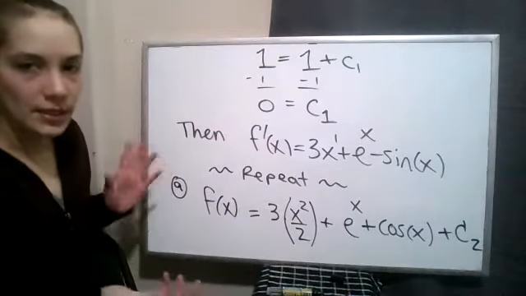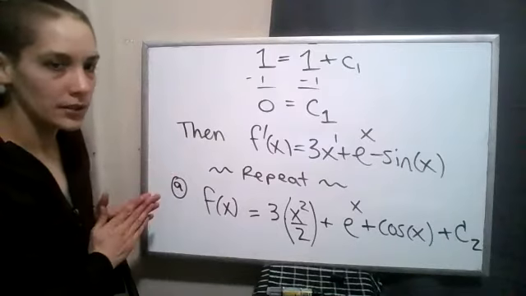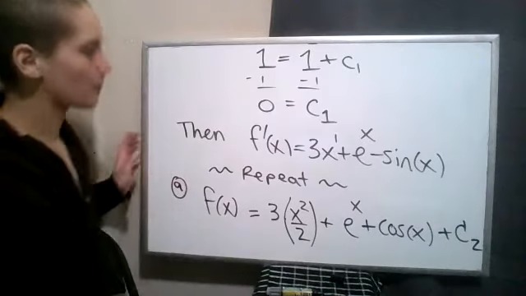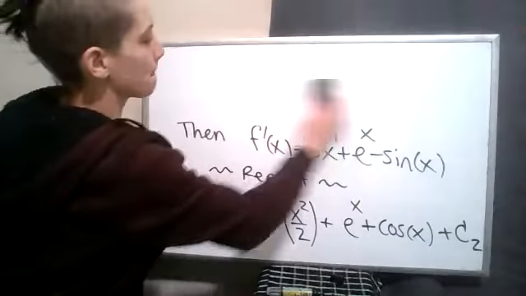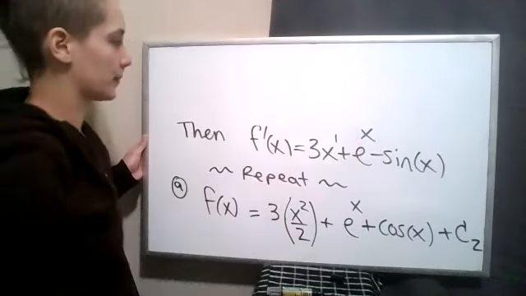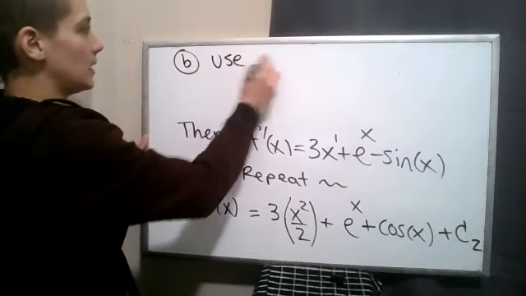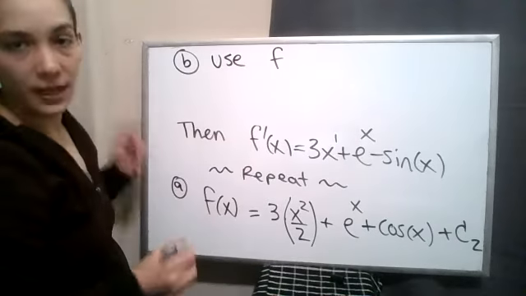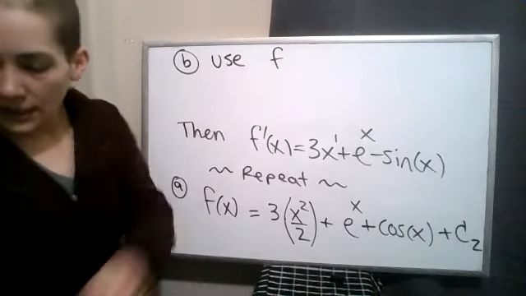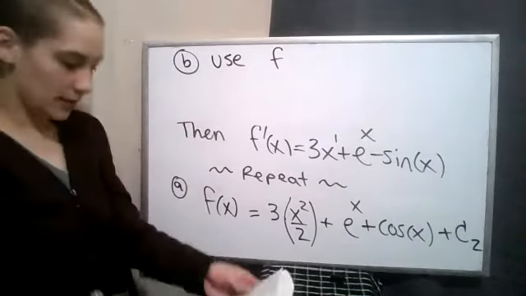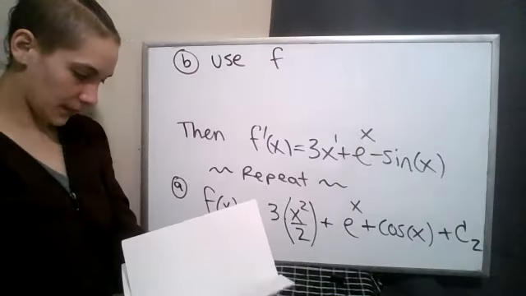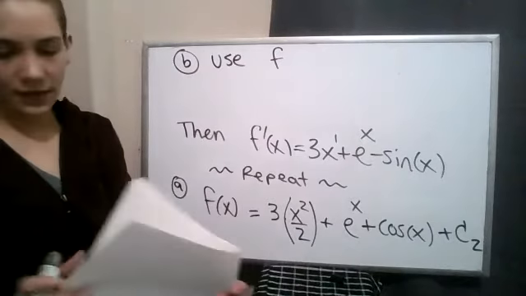Now we need to know what c sub 2 is, and you use your initial conditions, which is part B. Here's the info for your function f. F takes 0 to 2. F of 0 equals 2.